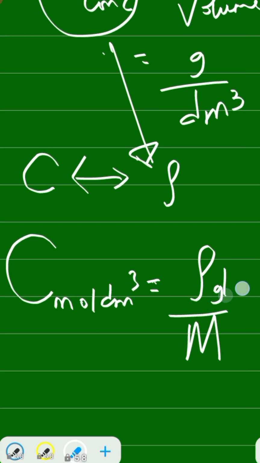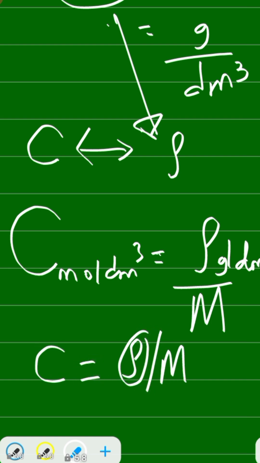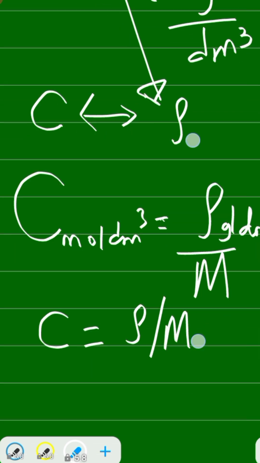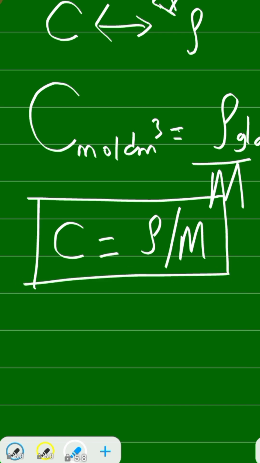So if you divide the concentration in gram per dm cube by the molar mass, you're going to get the molarity, or the concentration in mole per dm cube. To make it simpler, you can write C equals rho over M. Rho is the concentration in gram per dm cube, while M is the molar mass. So this is the formula that joins the concentration in mole per dm cube to the concentration in gram per dm cube. So let's take a question.